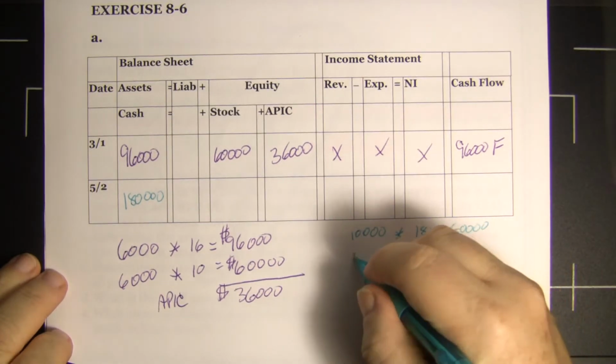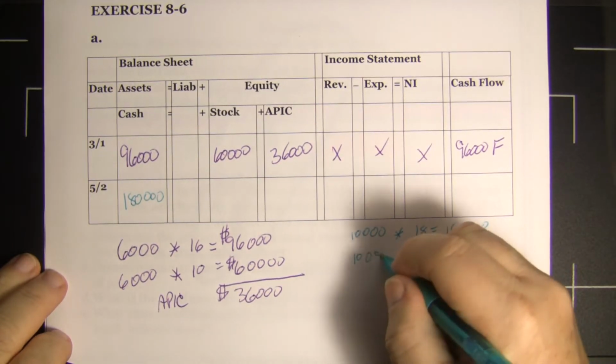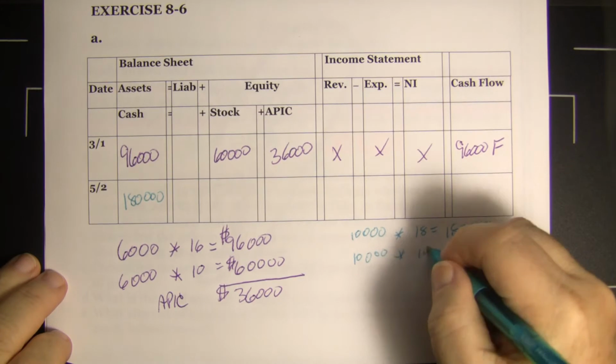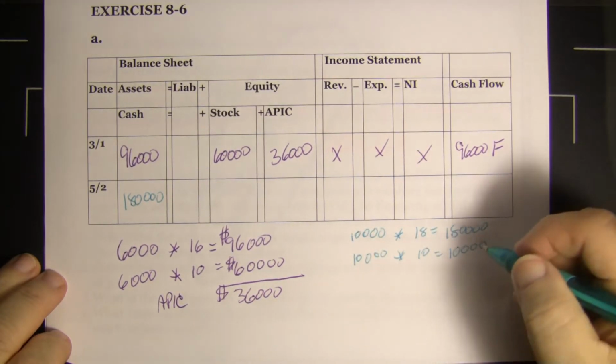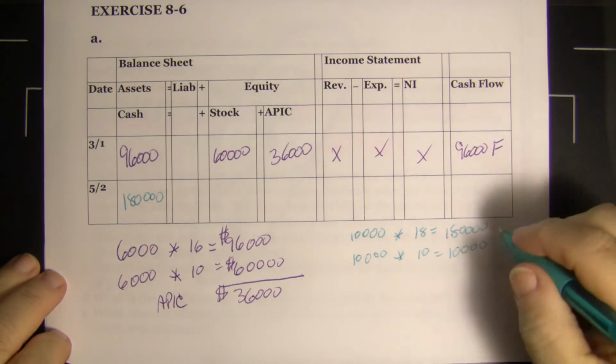It's still $10 par, so it's 10,000 times $10. That's 100,000, or would be if I could count zeros.